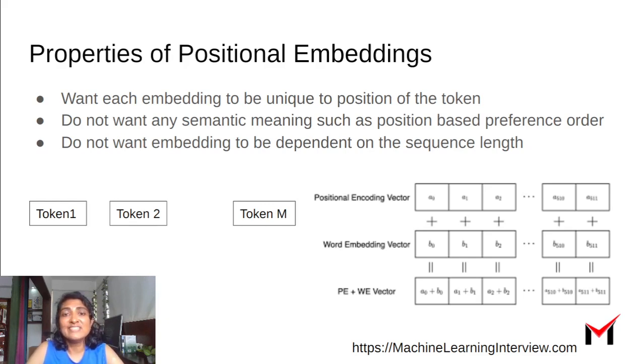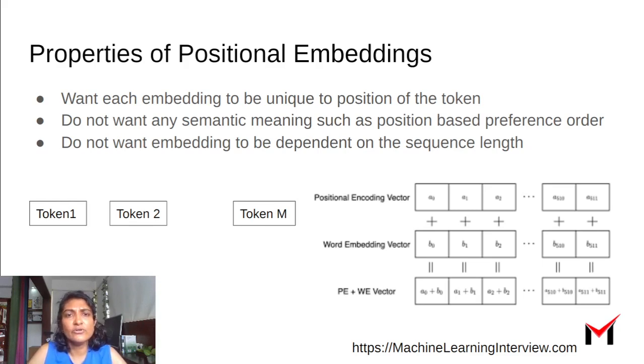We do not want any semantic meaning such as position-based preference order. For example, if I have 3 tokens in my sentence, can I have the embedding as 1, 0, 0, 0, 2, 0, 0, 0, 3 and so on? That's not great because it might give some kind of a notion of position 1 being more important than position 2 and so on, or higher in value in some sense. We do not want the embedding to be dependent on the sequence length.